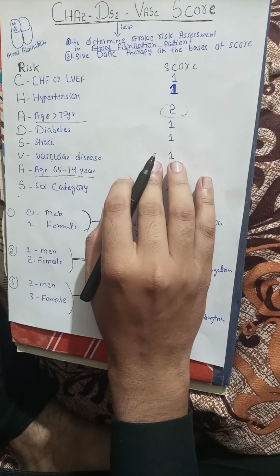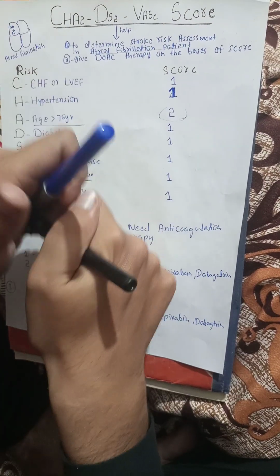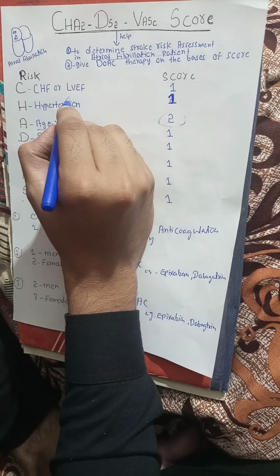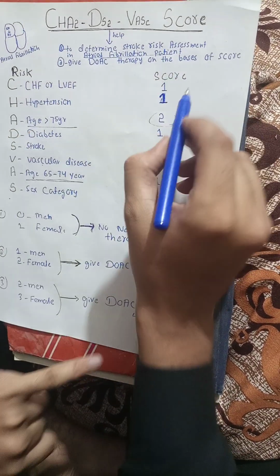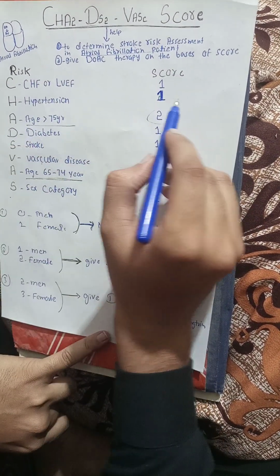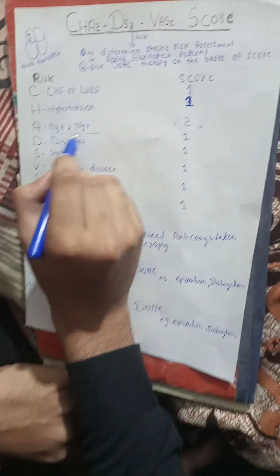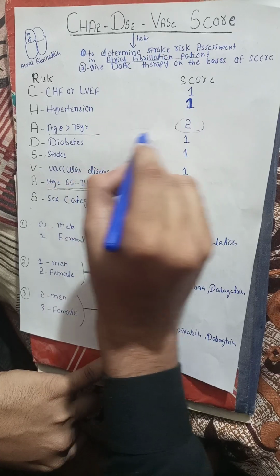So what is the CHADS-DS2-VASc score? Basically, the C means congestive heart failure and left ventricular ejection fraction, and its score is 1. Hypertension score is 1, and age: if age is greater than 75 years, then the score is 2.